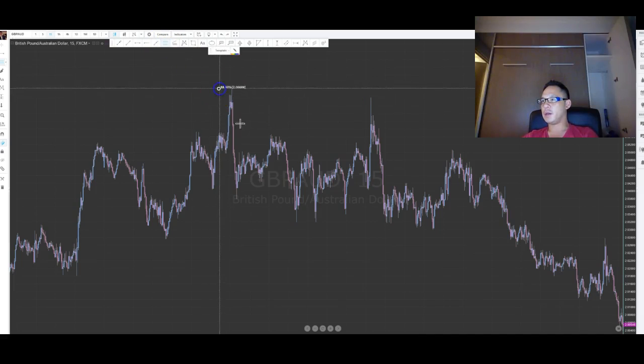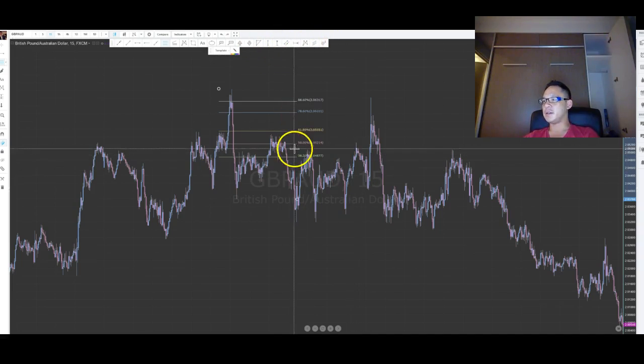So I'm looking for price to at least touch the 38.2, which it has. But it can go as high as 61, which it doesn't, which is good. So that's my first signal there. Now I want to look for the B to C level, so I'll use the Fibonacci extension tool. Sorry, let me do that again. What I've done now is I've confirmed the impulse leg, which is here.